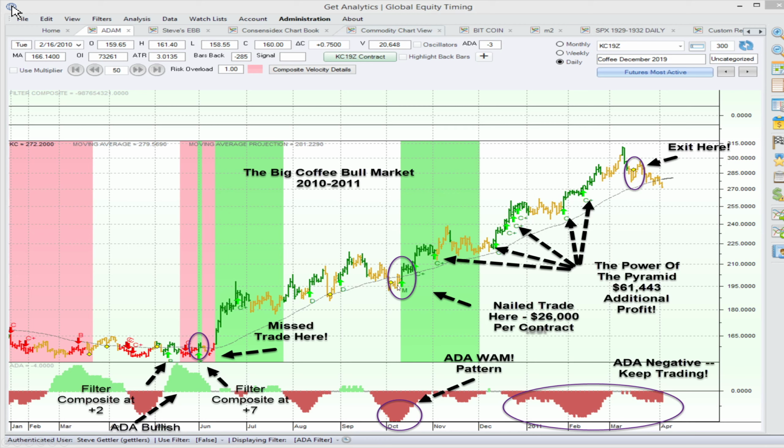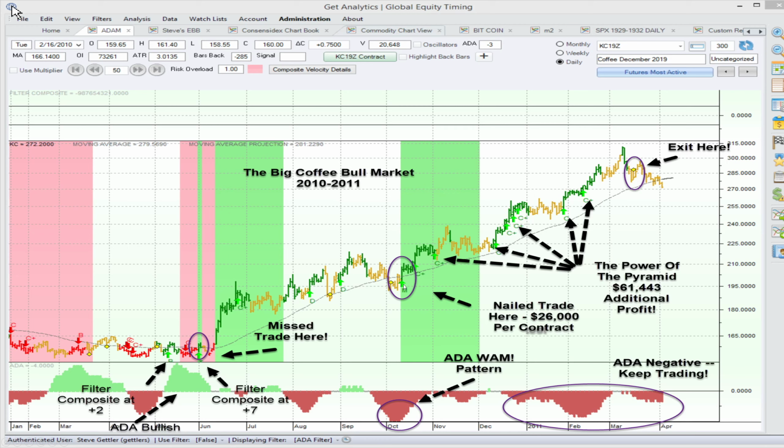If we get a buy signal shortly after that huge negative ADA pattern, which meant everybody was selling, all the buying was overwhelmed with selling, but all of a sudden, bango, a buy signal occurs, we want to take it. We were also already in a nice uptrend, as you can see from that first move, and we finally get an opportunity to get on board, and what an opportunity it is.